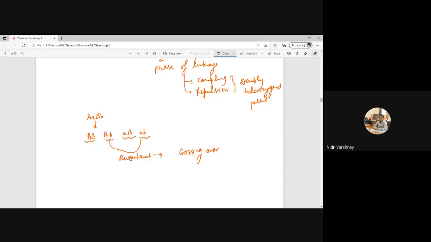Suppose P is the relative proportion, the probability of crossing over. If P is 0.5, it means there is no linkage. So just remember this.